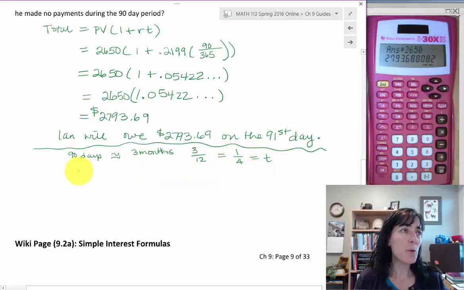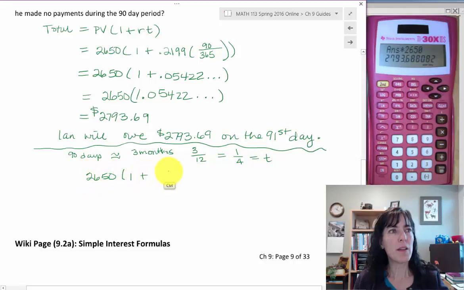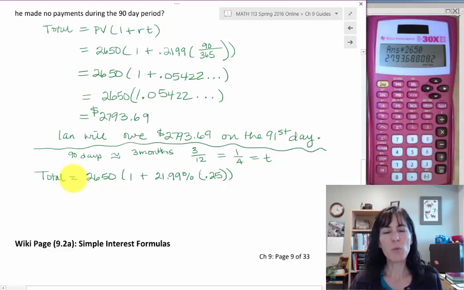And it's the same formula then. We'll just do 2650 times 1 plus, I'll do it with the percent this time, 21.99% times the 1/4, or you could just put it in as 0.25. So 1/4 is the same thing as 0.25. So let's try that out on the calculator. So again, working inside my parentheses, I want to do this multiplication first.